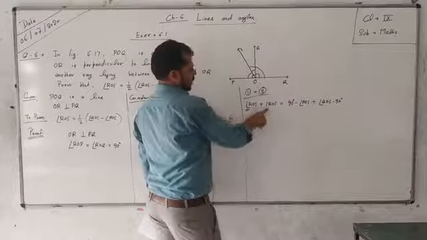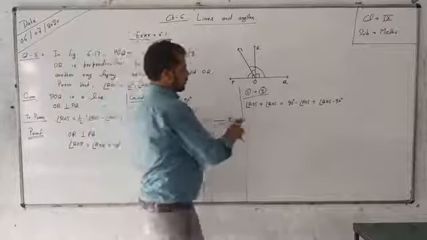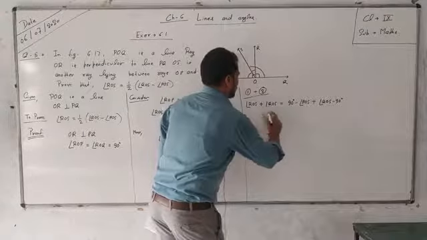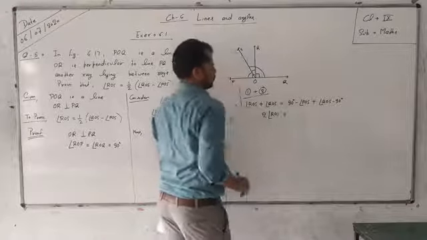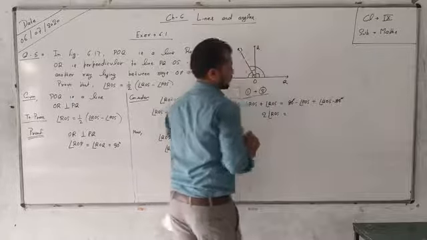This angle ROS is written here 2 times, means angle ROS plus angle ROS means 2 times angle ROS is equals to, you can cancel plus 90 and minus 90.